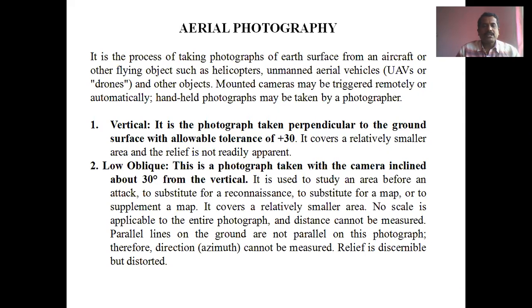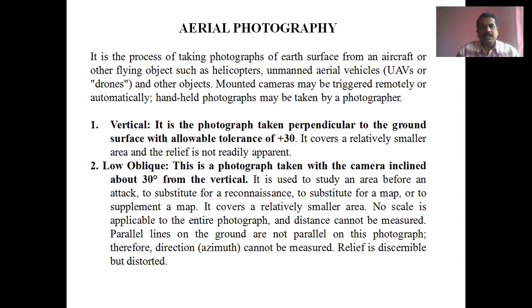Case number two is low oblique. These are photographs taken with the camera inclined about 30 degrees from the vertical. It is used to study the area before an attack or as a substitute for reconnaissance, to substitute for a map or to supplement a map. It covers a relatively smaller area.